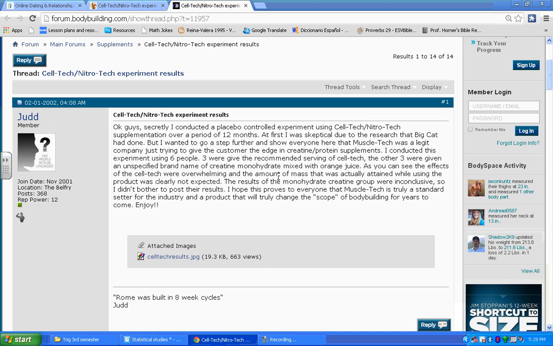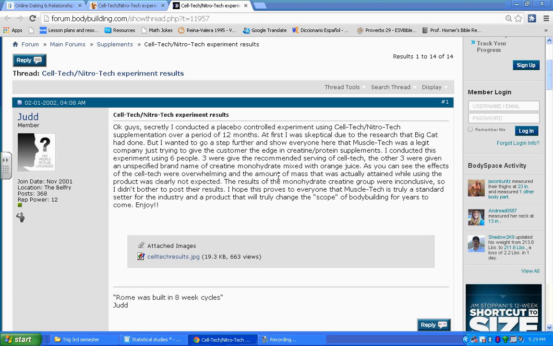It says, "Okay, guys, secretly I conducted a placebo-controlled experiment using Celtec/Nitrotech supplementation over a period of 12 months. At first, I was skeptical due to the research that Big Cat had done, but I wanted to go a step further and show everyone here that MuscleTech was a legit company, just trying to give the customer the edge in creatine/protein supplements.